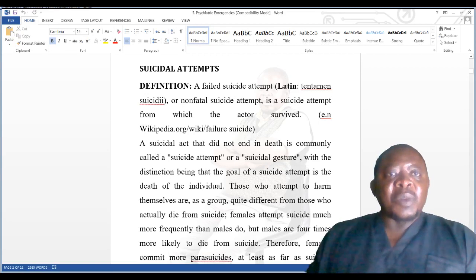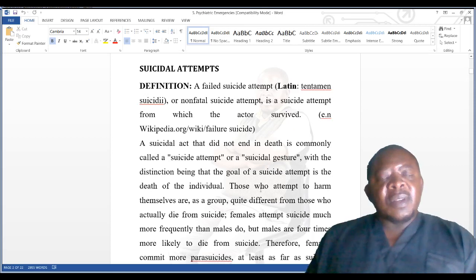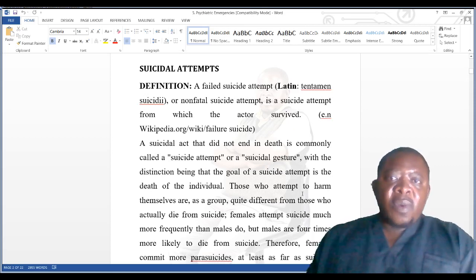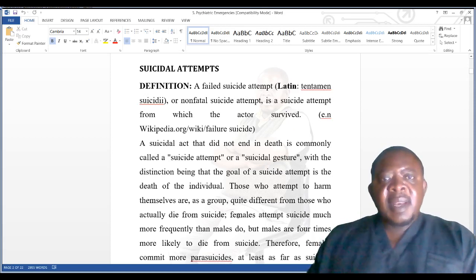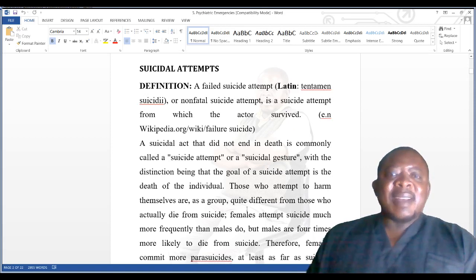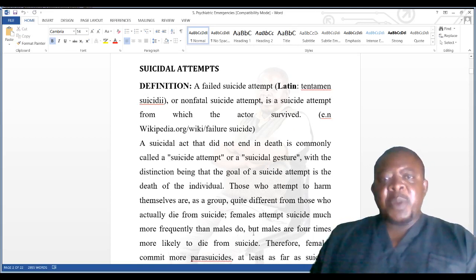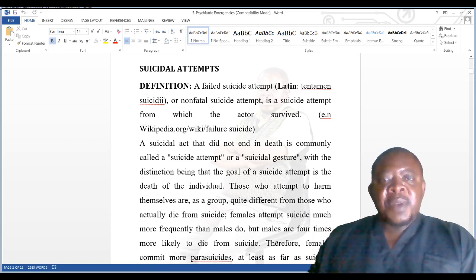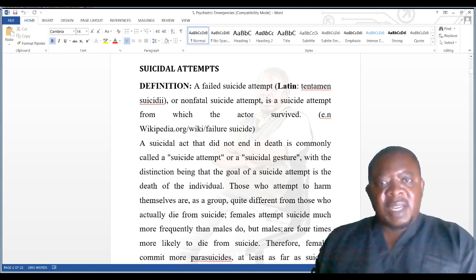It is also important that you know that those who attempt to harm themselves as a group are quite different from those who actually die from suicide. For example, females attempt suicide much more frequently than males, but it should be noted that males tend to be more successful in their suicide attempts, or in their quest to take their own lives.